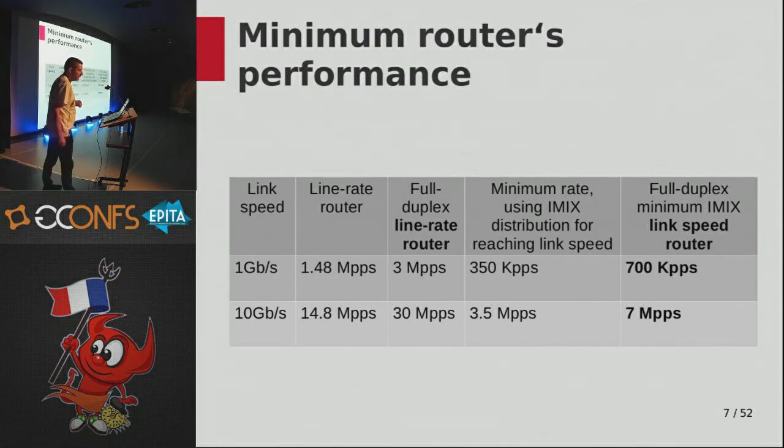And this is the key value I recall: 700,000 packets per second for a gigabit router, and 7 million for a 10 gigabit router. In my lab, I need all my devices to reach at minimum this value to be called just a simple gigabit router or 10 gigabit router. Not line rate, but a simple gigabit. Now, how I did my benchmark.